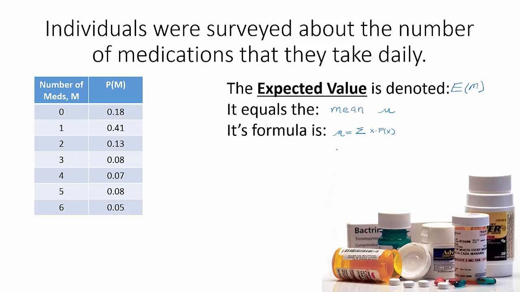Specific to our example, we would say that mu is equal to the sum of m, because that's our variable, times the probability of m. And that would be giving us the expected value for m. So if we're just asked what is the expected value, we're really finding the mean.